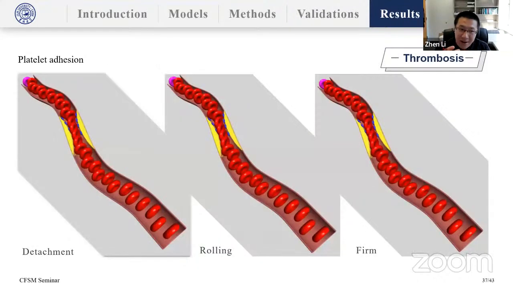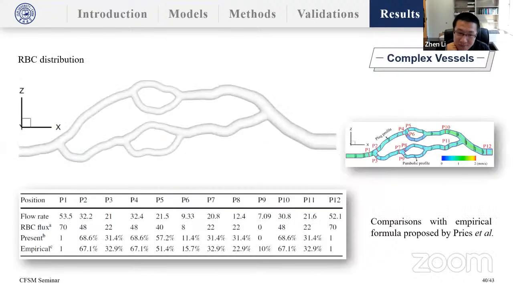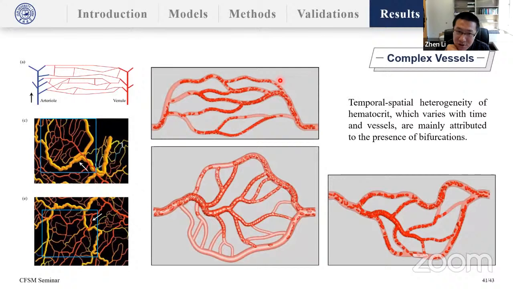Yes, I know you are using the solid wall. I'm wondering if you introduce some elasticity, whether the flow pattern will change significantly, or maybe it's a minor effect. I think it should change significantly, because these are moving particles when we change the boundary.